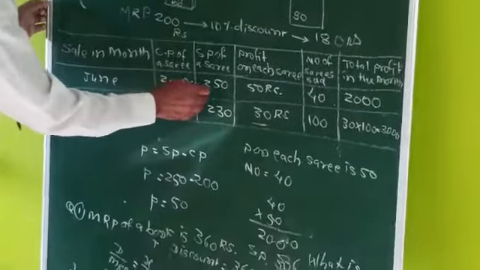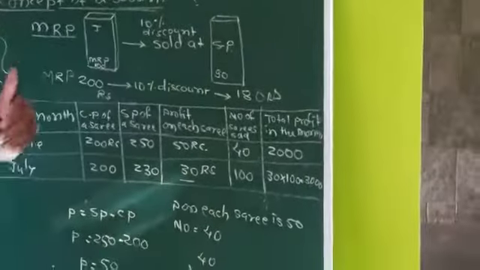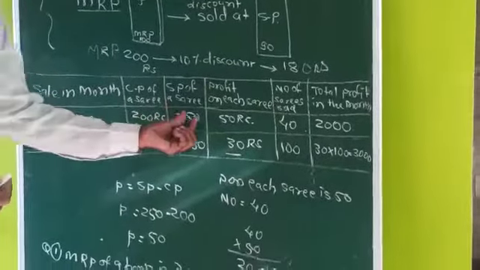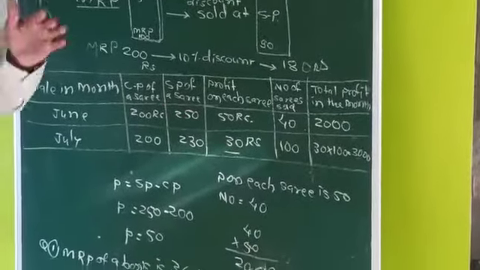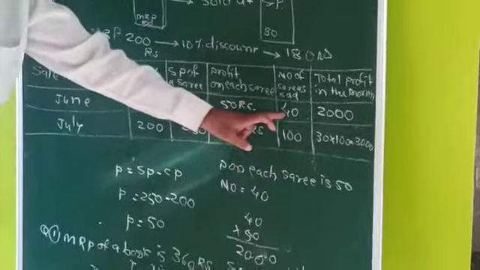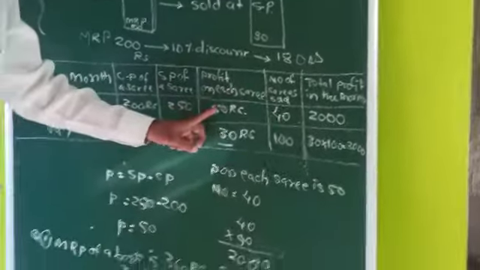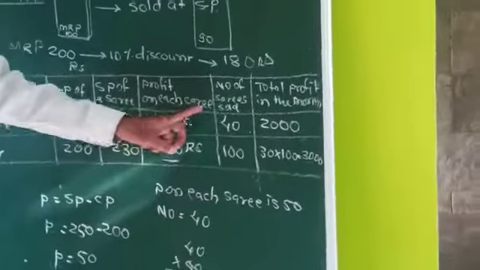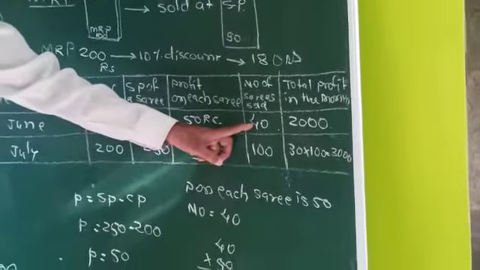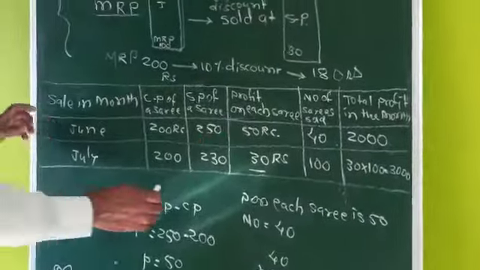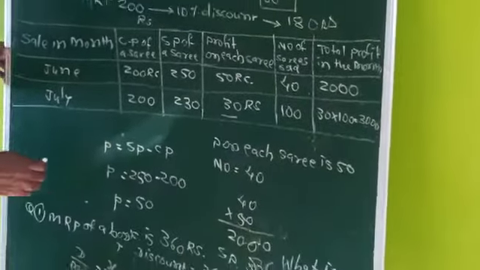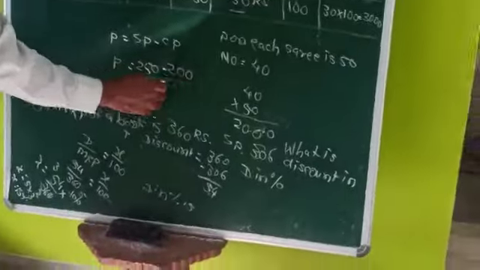It cost 200 and was sold at 250, meaning sold at a higher cost, so 50 rupees is profit. And in that month 40 sarees are sold. Profit on one saree is 50 and number of sarees sold is 40. So how have we calculated the profit?